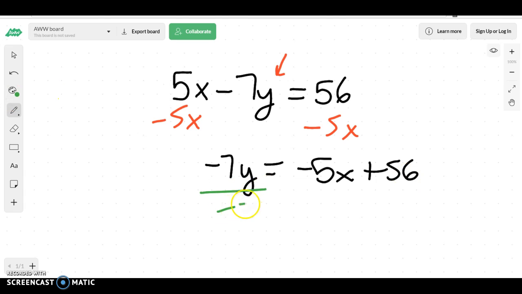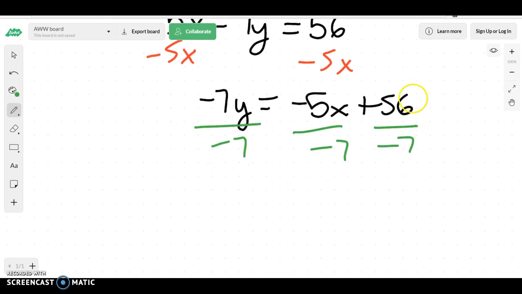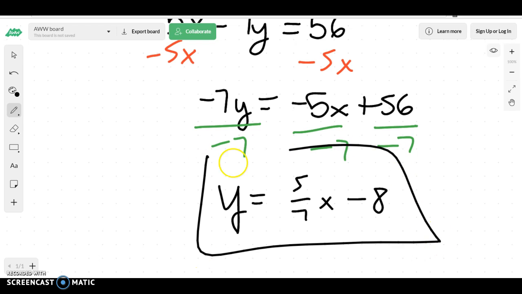When I get to here, I'm going to divide everything through by -7. This is going to give me 5/7 x minus 8. And again, I just get a regular 5/7 because a negative and a negative makes a positive. So this will be my final answer.